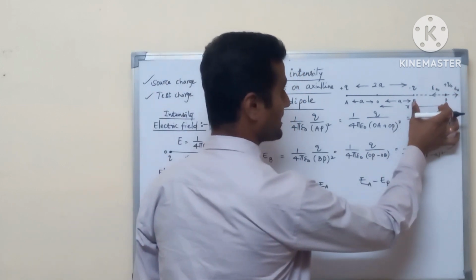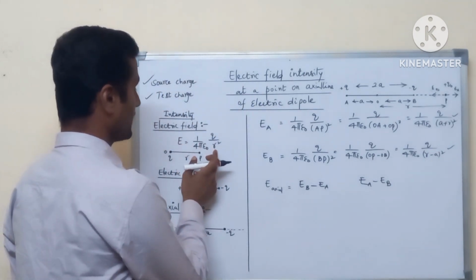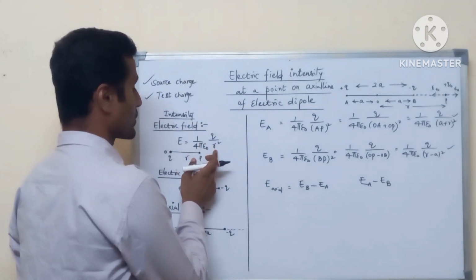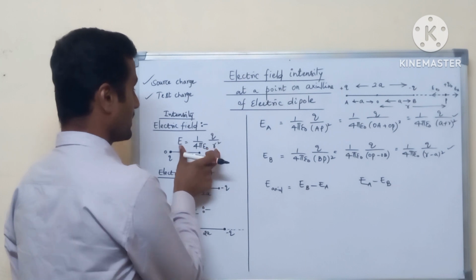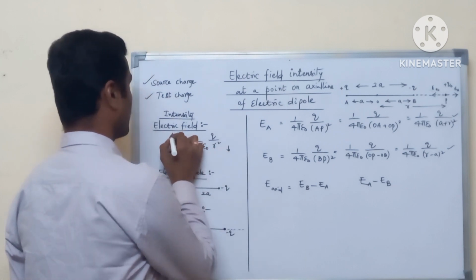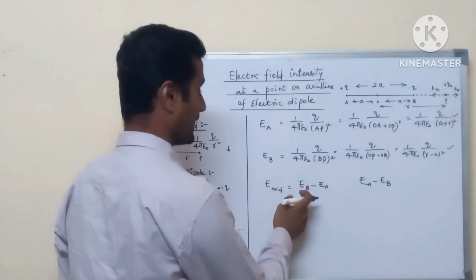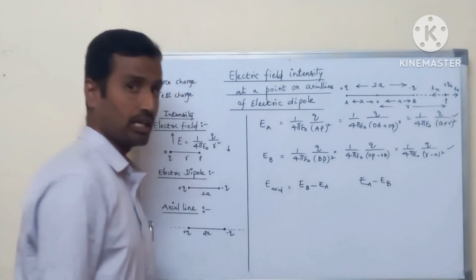EB is the electric field produced by the charge minus Q, which is influencing the test charge at P. Here BP distance is very less. Electric field intensity is inversely proportional to the square of the distance, that is, the lesser the distance, the more the electric field intensity will be. So we take EB minus EA here.